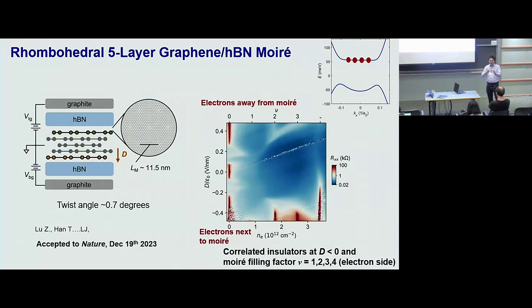Statistically, 80% of the volume is Bernal. In any given sample it could be random. You could have a flake that's purely Bernal or purely rhombohedral, or a mixture of them. It could be more complicated than that too. And there are other stacking orders, like ABCBA or ABABCBA, something in between. But these two are the two leading stacking orders.